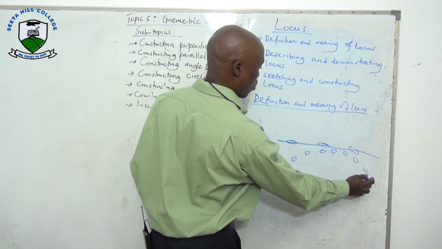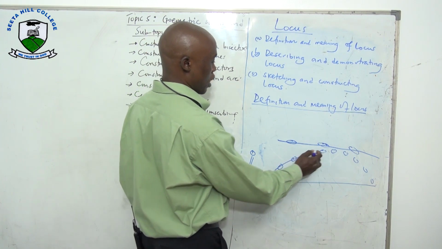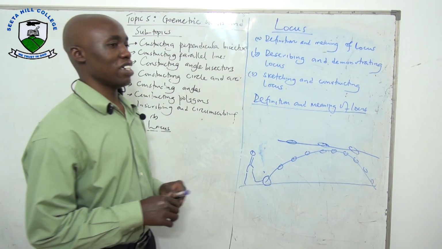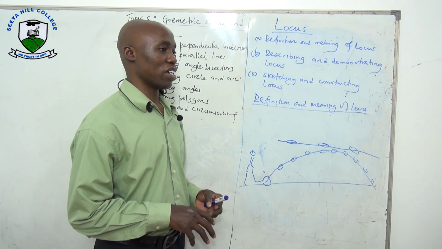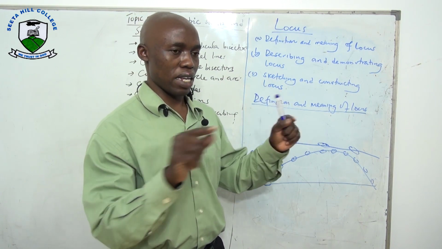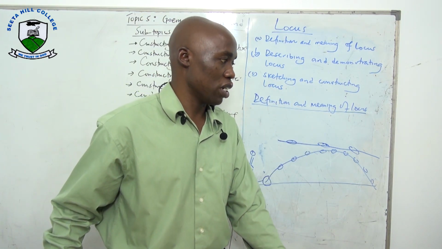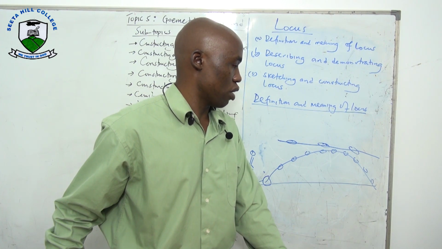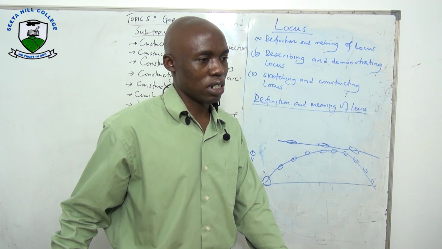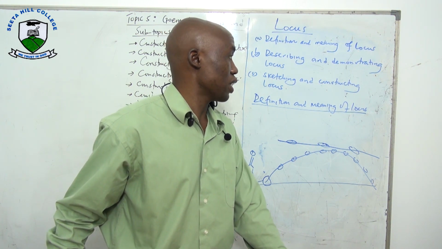Finally, it has to come to the ground, not so? If you join where the ball passed, this will create a curve, a locus, which is that appearance that is developed after joining the points where an object has passed. It's what we are calling the locus. That means what could the locus be?